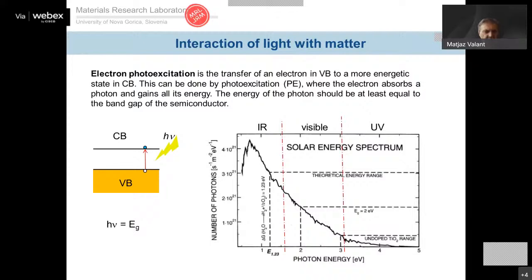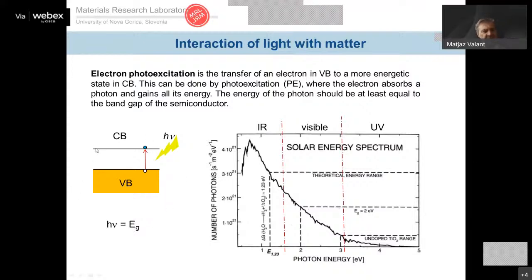We know that. Now, what we have available here, and what we of course want to work with, is solar light. And on the right side, you have a solar energy spectrum.